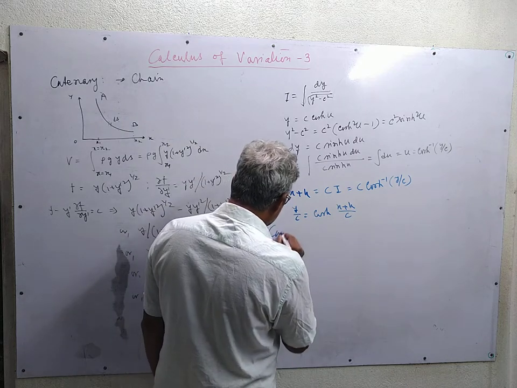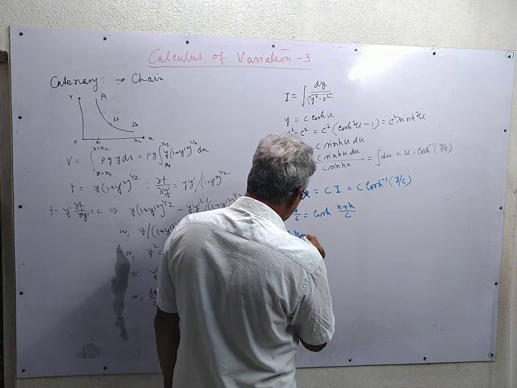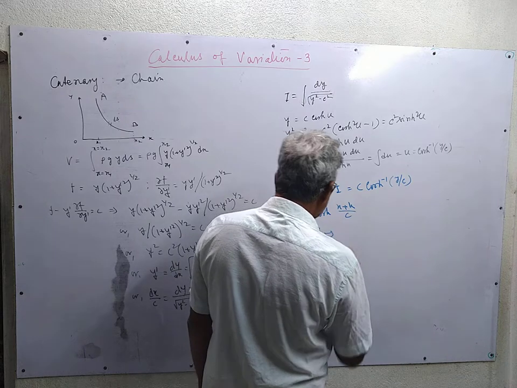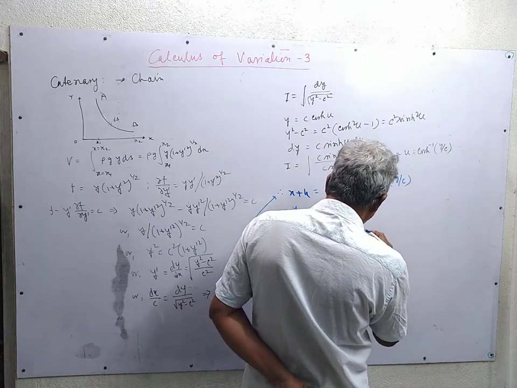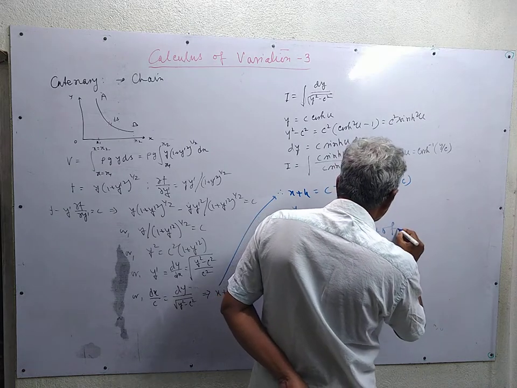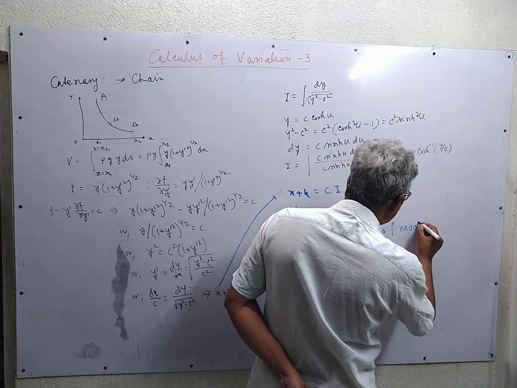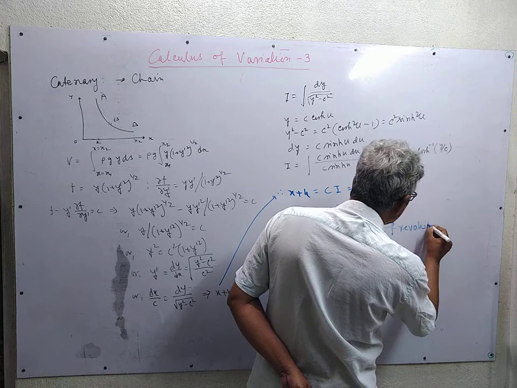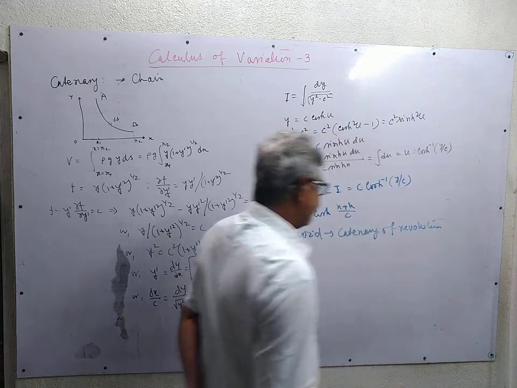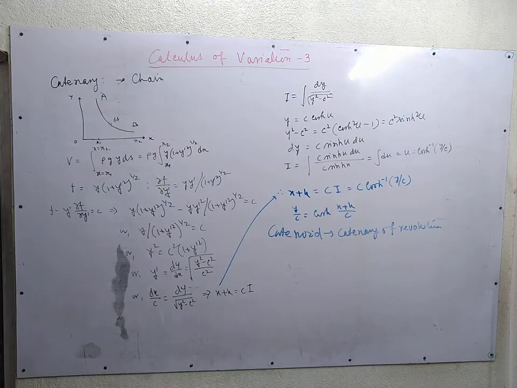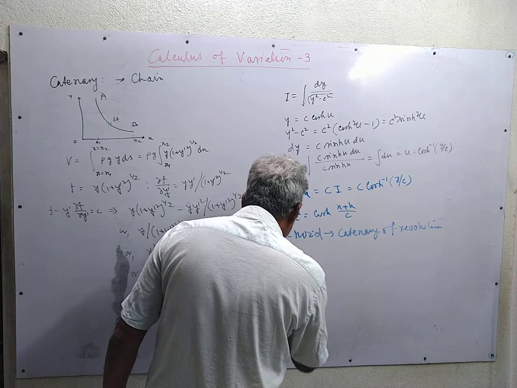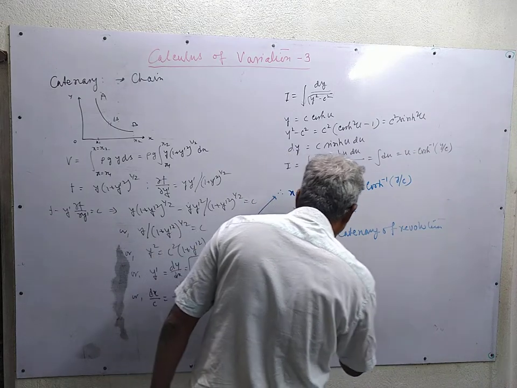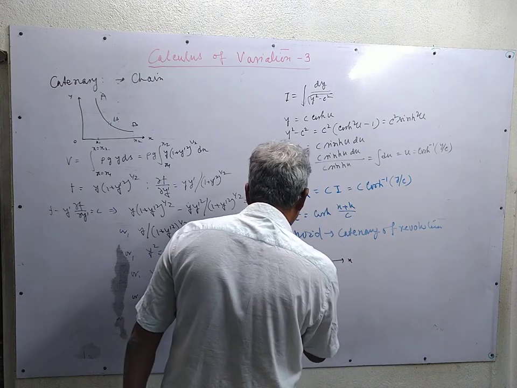Another problem, the catenoid. It is a catenary of revolution. The problem is like this. Let us consider an x and y coordinate system.